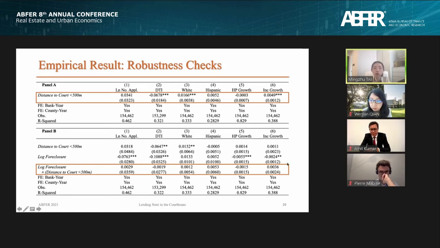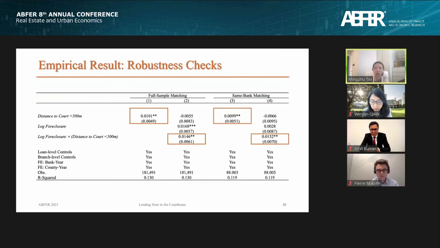And we also try to repeat our analysis by using a matching sample test. For each treated bank branch, we match it with 5 control branches with similar characteristics. And again, we find that our results remain robust under the matching sample analysis. And also, if we look at neighborhoods with similar economic fundamentals, the results also remain robust.